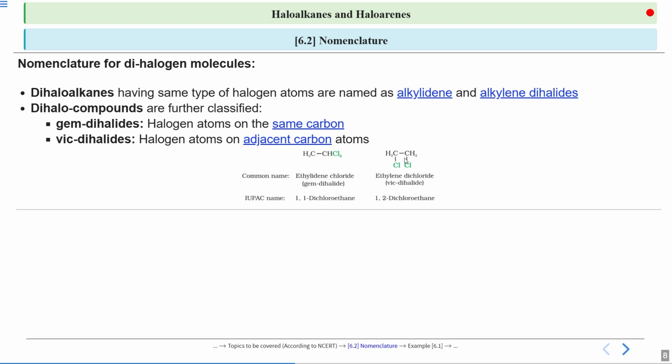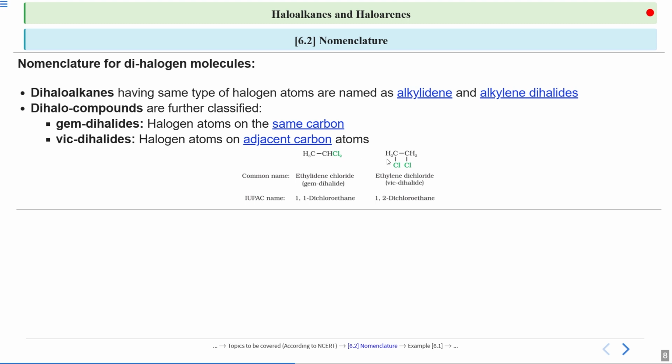For the second structure we have CH2Cl, CH2Cl, right? So the common name will be ethylene dichloride, not ethylidene. Ethylidene is for the gem dihalide, where two chlorines or two halogens are present on the same carbon.